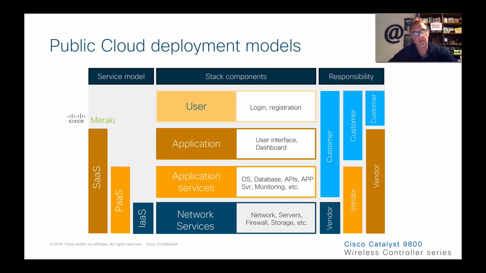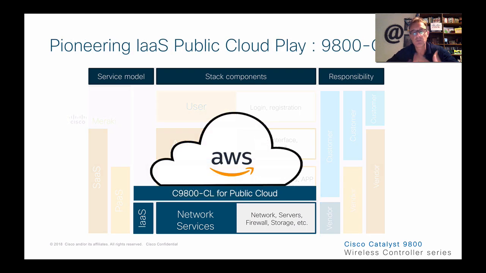With the Catalyst 9800, and this is important in terms of differentiation, we play at the infrastructure as a service level. It's the first wireless controller that can be deployed in a public cloud as an infrastructure as a service.